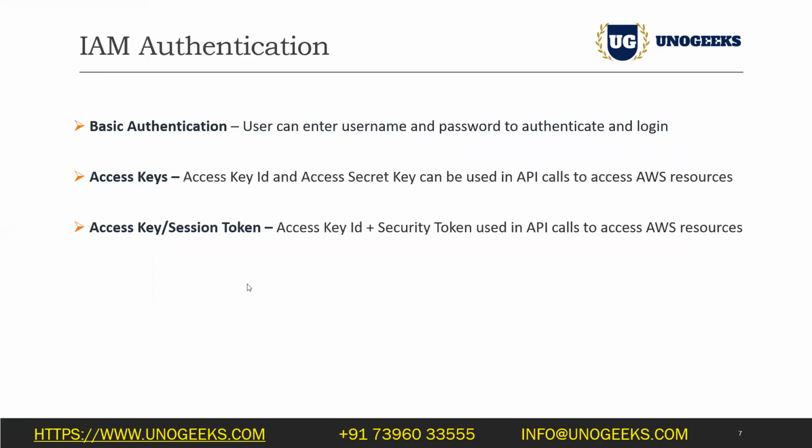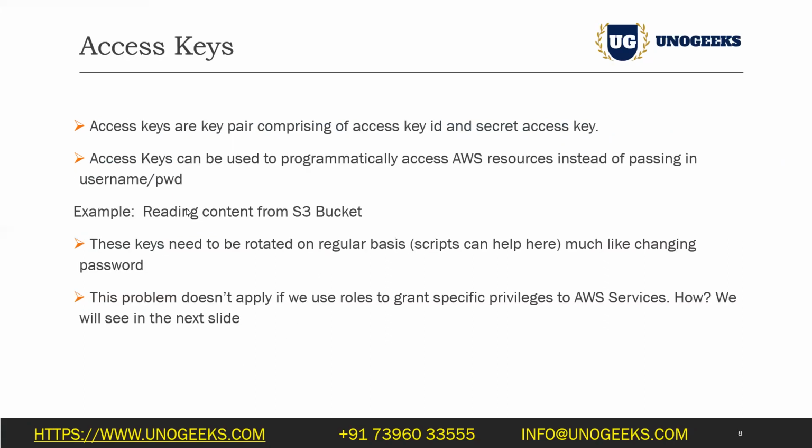You'll understand more about this as you keep using AWS resources. So the access keys comprise an access key ID and a secret key. And this gives you basically an option to programmatically access AWS resources.